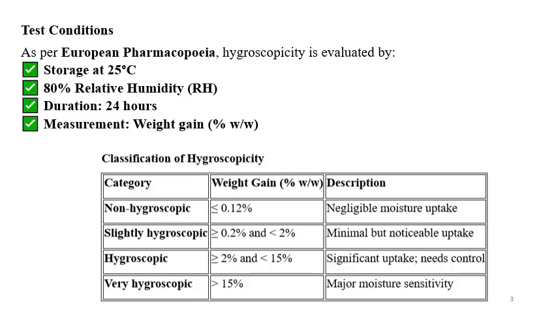The category, weight gain and description for the weight gain is given here in the table. The material can be said to be non-hygroscopic when there is negligible moisture uptake, that is below 0.12%. Slightly hygroscopic is 0.2% to less than 2%, with minimal but noticeable uptake.